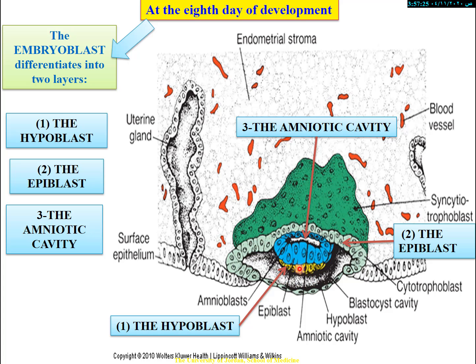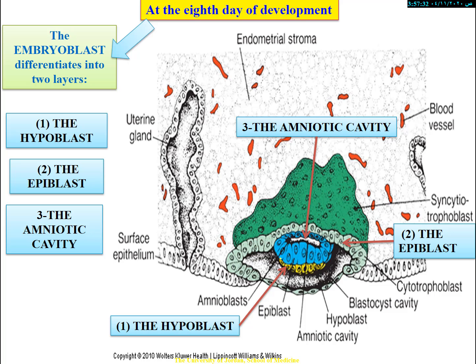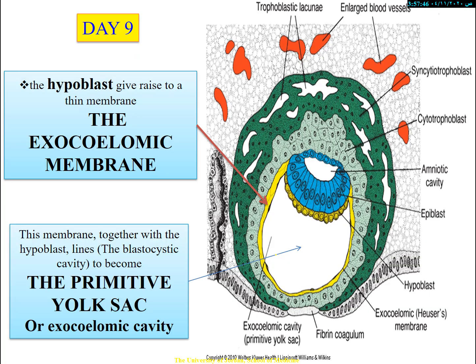Now the hypoblast would send some cells. Let me draw them for you here. These cells would line the blastocystic cavity here and here. There you go. This membrane, we call it the exocoelomic membrane.